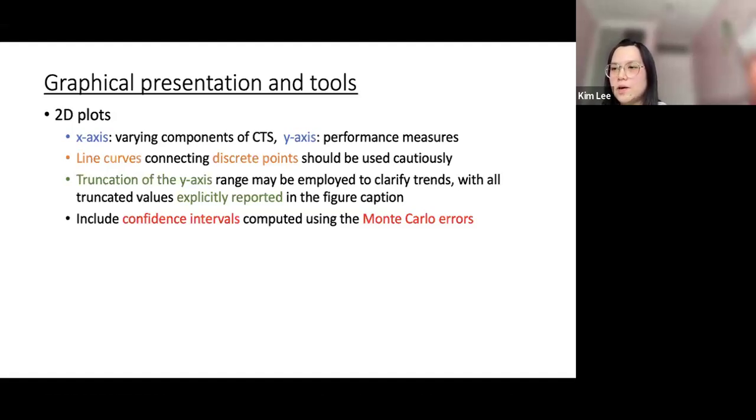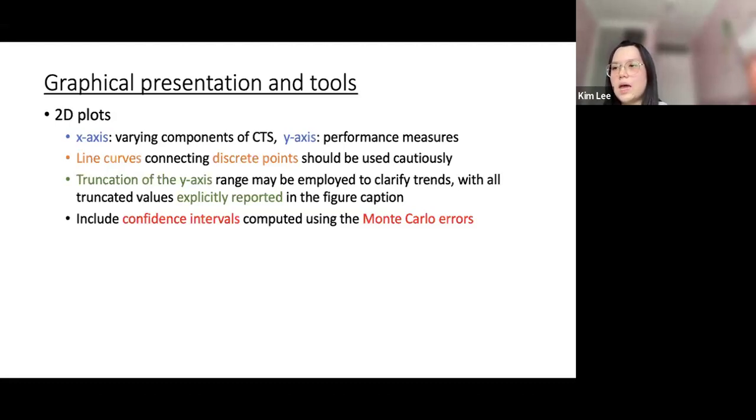In particular, for categorical x-axis, the trend may not be meaningful. For continuous x-axis, dots should indicate the simulated outcome, and readers should be reminded that the line connecting two dots represents approximation.